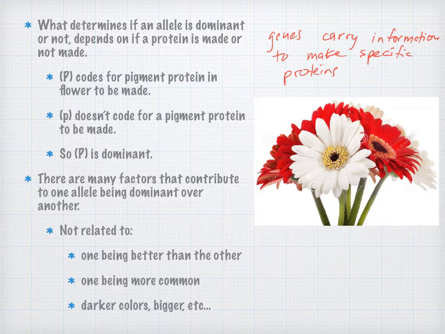Uppercase P would code for the pigment protein in a flower to be made. A lowercase p would code for no pigment protein to be made. So since the uppercase P is expressed as this red flower, P, or red, would be dominant to white, which would be no protein being made, no pigment being made, therefore making it a white flower.